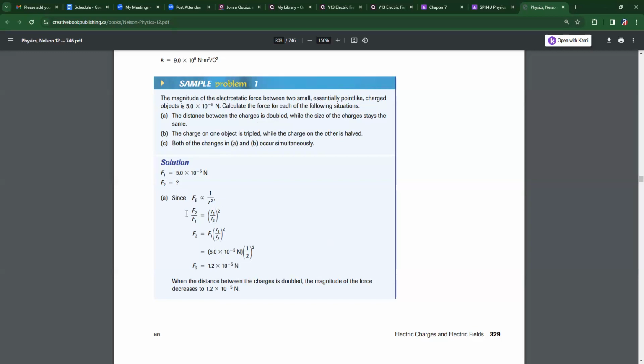So how to get the force after you increase the distance 2 times? You plug in, instead of R, two coefficients that represent a twice bigger distance. So R1 over R2 is like 1/2. If you keep 1 as the unit distance between two charges at the beginning, after, the distance is twice bigger, so R2 will be twice bigger.